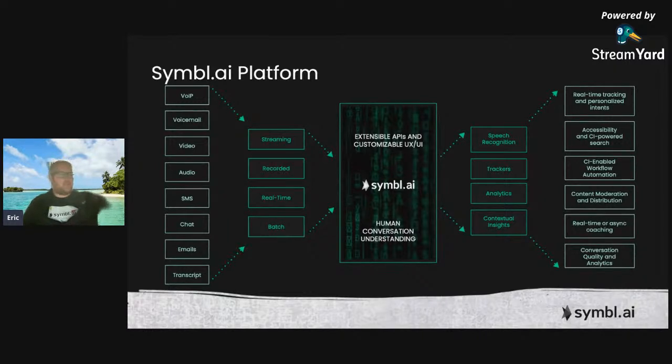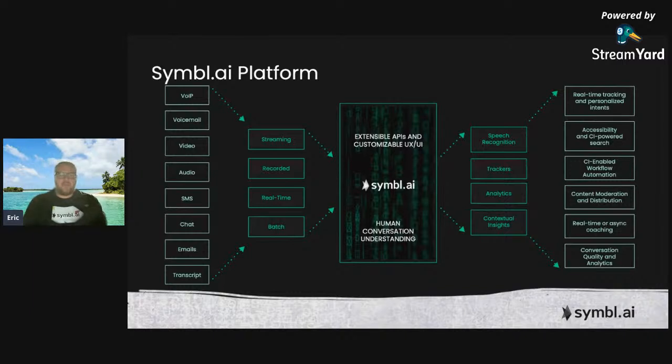You have voice over IP, you have voicemail, video, audio, SMS, chat, emails, or transcripts. Those can go into different aspects like streaming, recording, or real time. And they can also be subject to batch processing, right? And then you can move from that flow over to speech recognition, where the recognition of the speech is the primary objective, so that you can have real-time tracked and personal intents. Or, through different flows, you could have accessibility and conversational intelligence powered search.